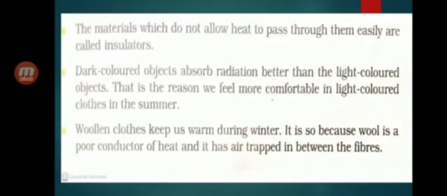That is the reason we feel more comfortable in light colored clothes in summer. Woolen clothes keep us warm during winter. It is so because wool is a poor conductor of heat and it has air trapped in between the fibers.